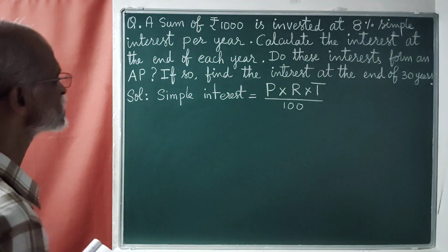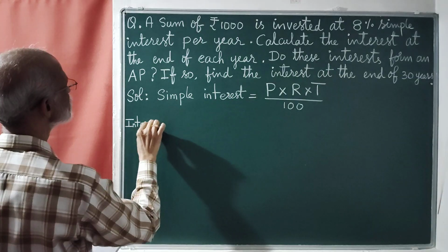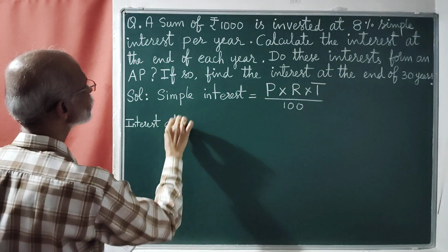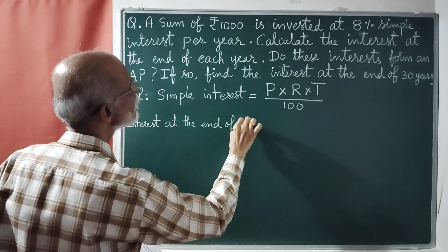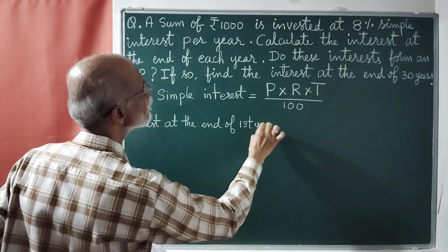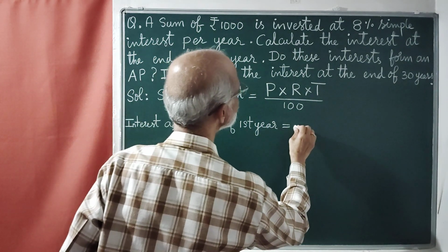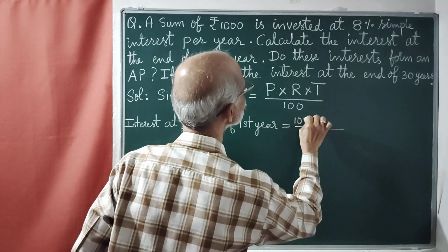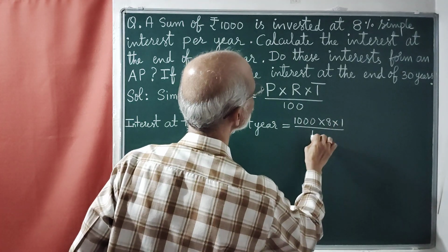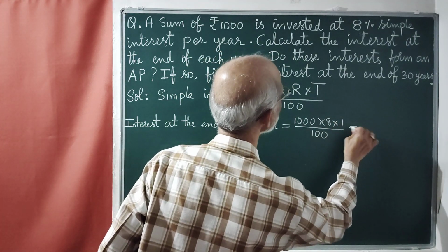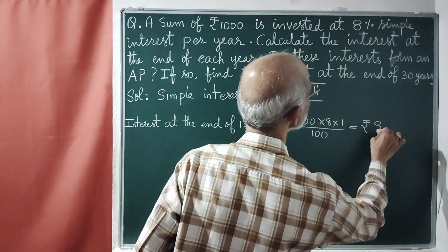So the interest at the end of first year, the principal is 1000 rupees, 1000 into 8 into 1 by 100. If you solve it, we will get rupees 80. This is interest at the end of first year.